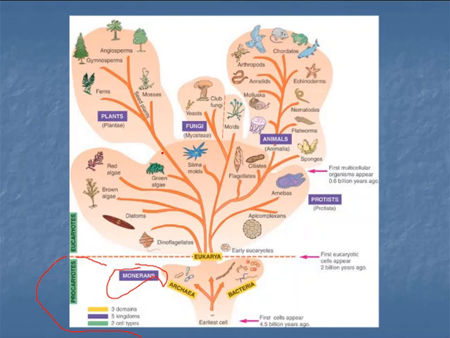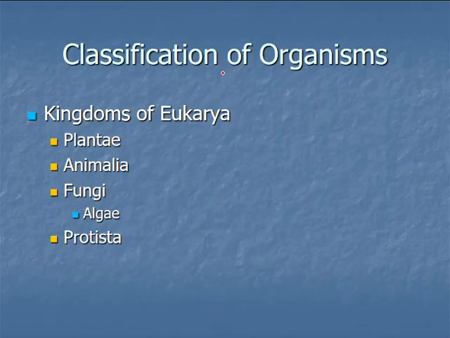And then we have our algae over here. All right, so we've got our subdivisions then. We've got the eukarya. So we've got plants, animals, fungi, which also includes molds and yeast, and algae, and then our protista.